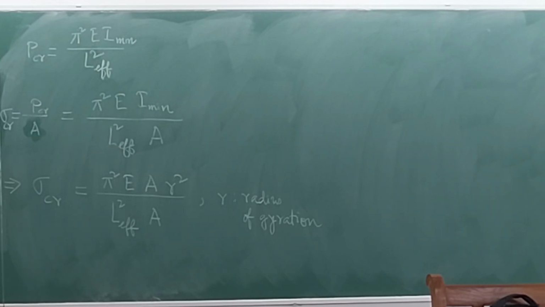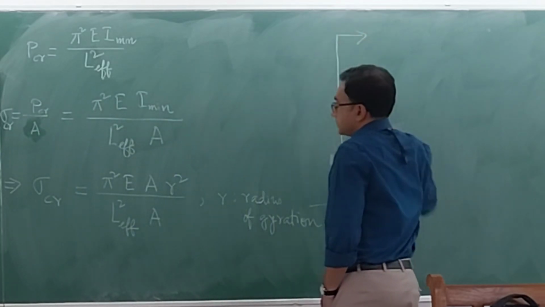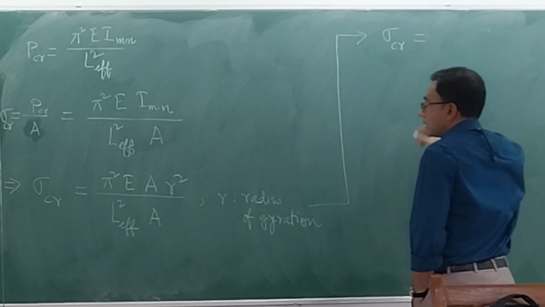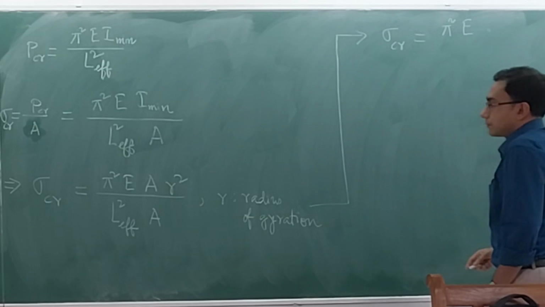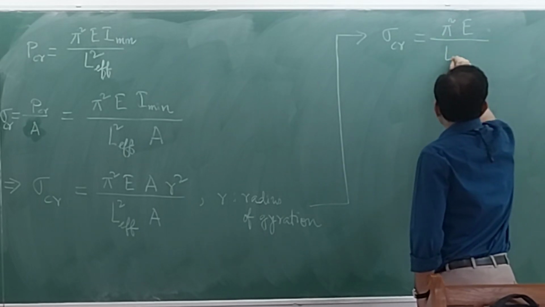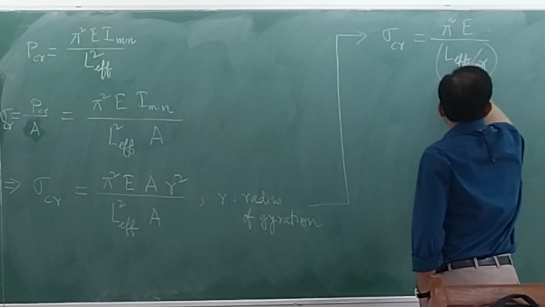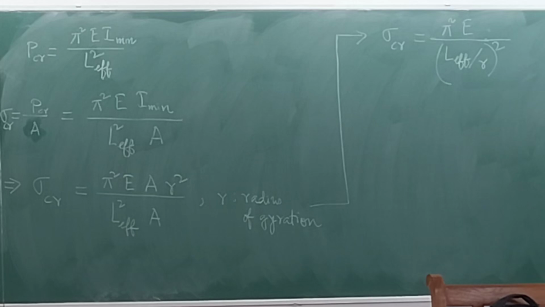So you see very nicely this A cancels out from the numerator and the denominator, and what we are left with is pi square E divided by L effective by R whole square.